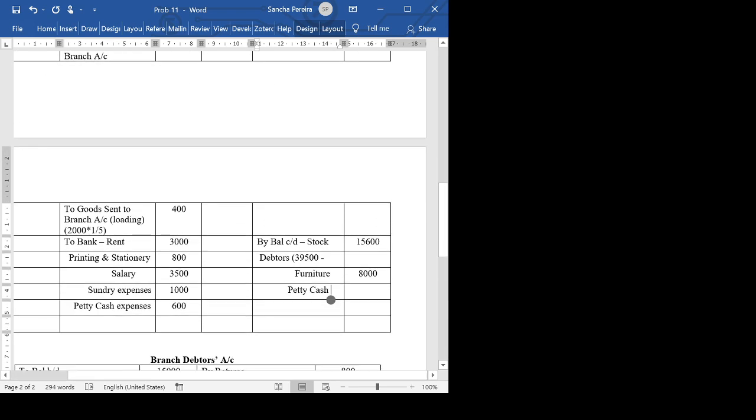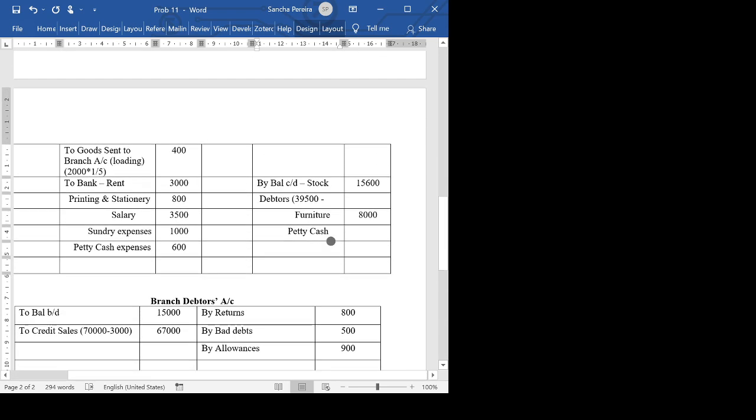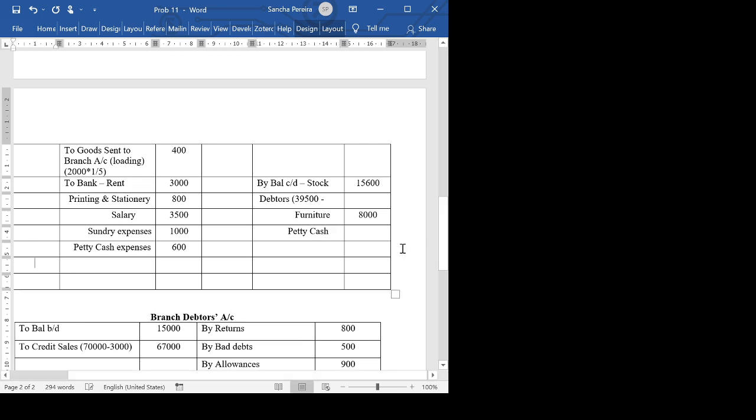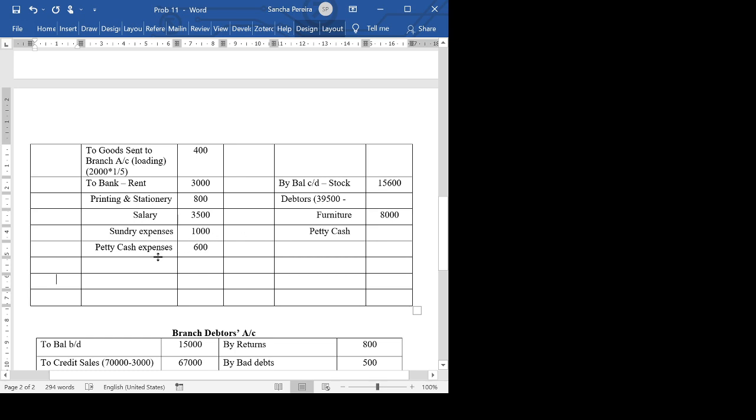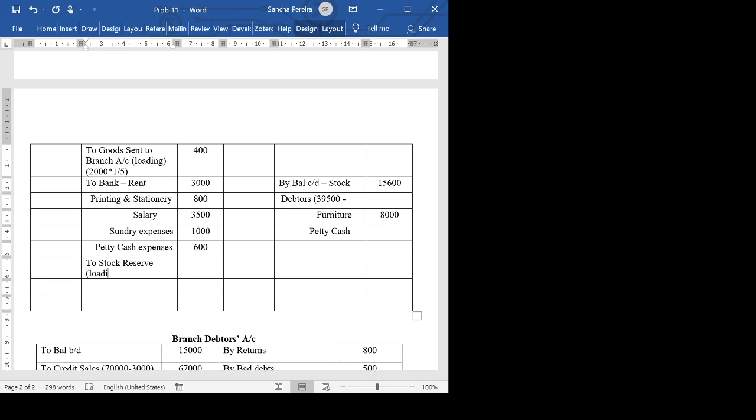Okay. So I will write we'll have to calculate the loading on that stock first. To stock reserve, in brackets loading, that comes to 15,600 into 1 by 5.